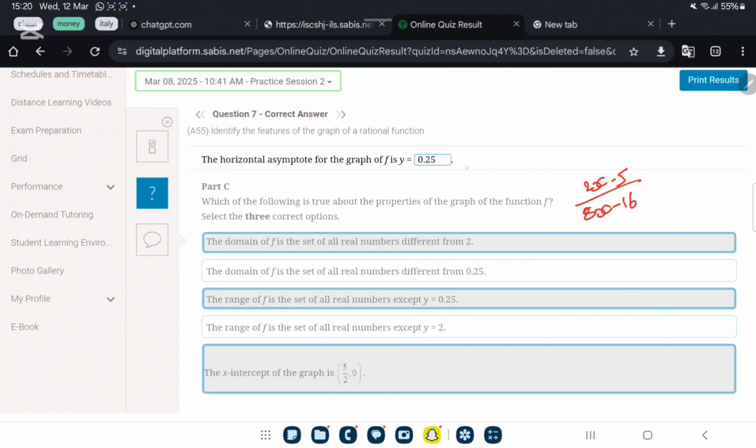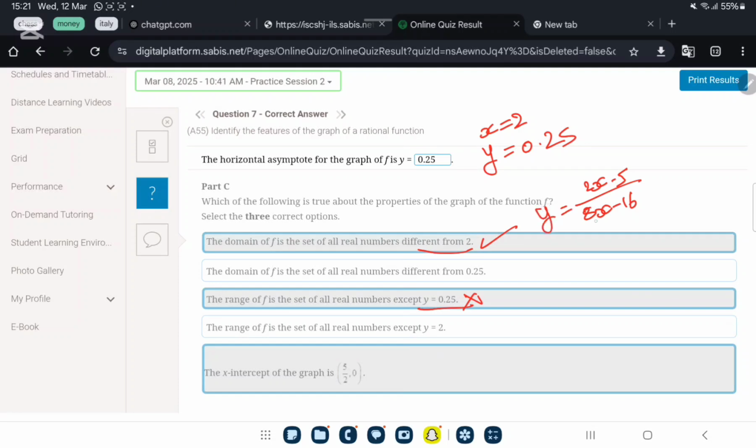So we took the vertical asymptote x equals 2 and horizontal asymptote y equals 0.25. So domain of x is all numbers different from 2, and range is all the real numbers different from y equals 0.25.